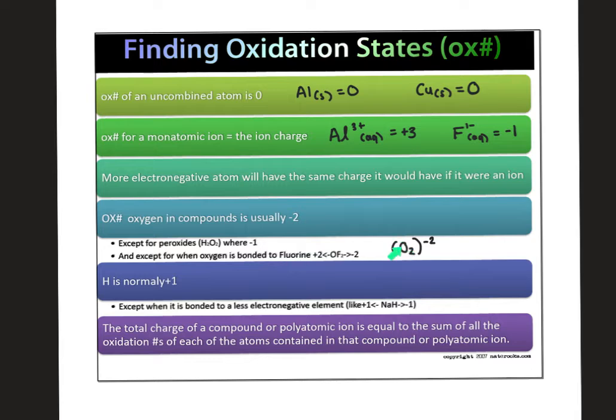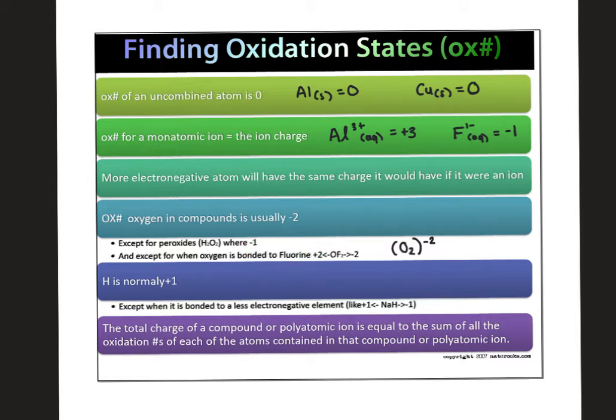Each oxygen has an oxidation number of that -1. Okay, and then if it's bonded to fluorine, fluorine's going to dominate in that case. So fluorine will be -1 and oxygen will be +2. So again, oxygen 9 times out of 10, actually probably 99 out of 100, is going to be -2. Couple exceptions where oxygen could be -1 or it could be +2.